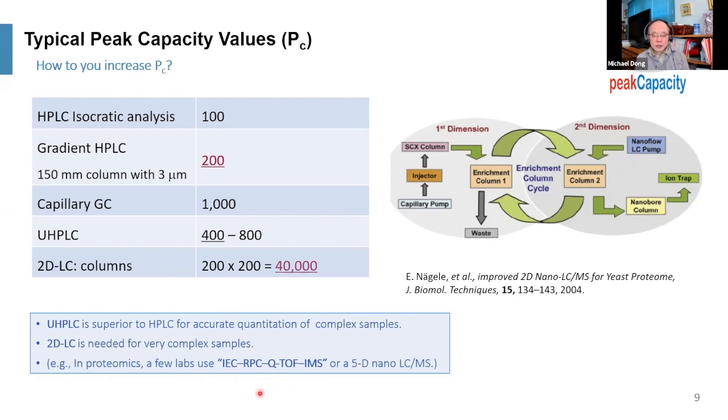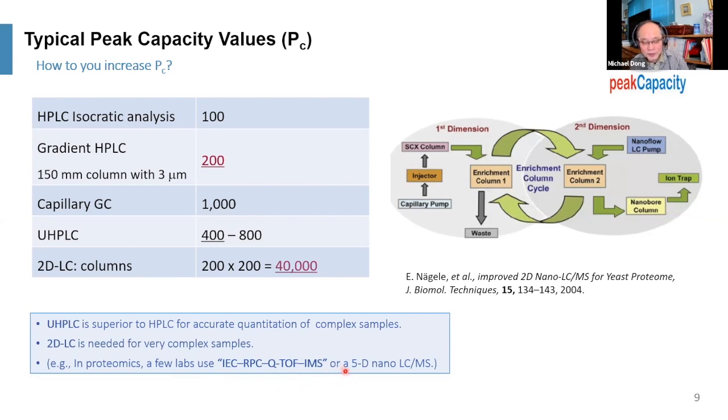The best labs would actually do something like a QTOF, a quadrupole time of flight, and then couple it to an IMS, ion mobility mass spec. It has the power to separate isomers, right? So this is kind of the best of both worlds, right? But you generate tons of data. If you know what you're doing, you're overwhelmed with data, right? But this is kind of a system for very complex samples.